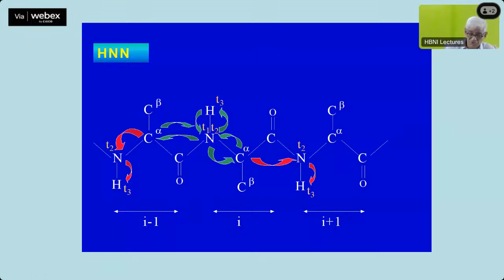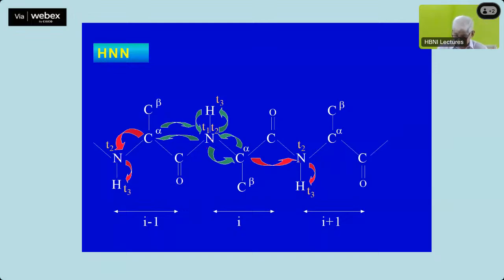Okay, all the three nitrogens are labeled in the T2 period. In the T1 period, this nitrogen alone is labeled. So this nitrogen appears twice, once along T1 and once along T2. This appears only in T2, and amide protons, all these three appear in T3.